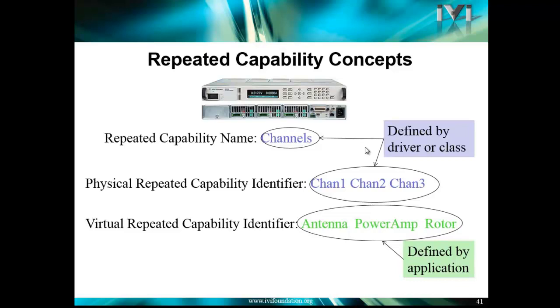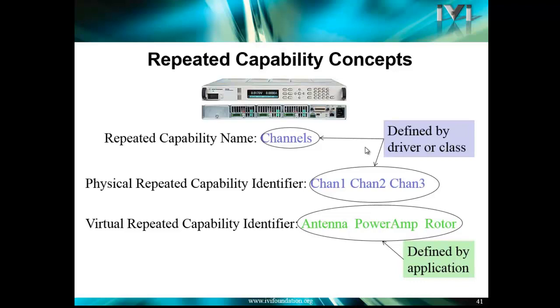There is the notion in IVI that an application can come in and provide a name for those things that's specified by the application. The concern being, if you want to have instrument interchangeability or you want to simplify that, and you have 2 different power supplies, and one of them has output 1, output 2, and output 3, and the other has channel 1, channel 2, channel 3, that could end up being another source of variation for your program.